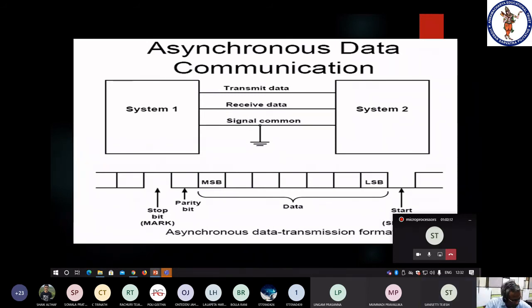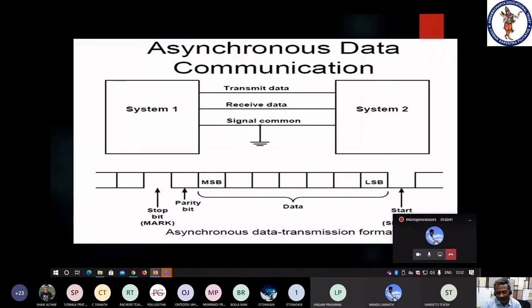Sometimes bit rate and baud rate are both the same, that is in a binary system. Do you have any idea about quadrature phase shift keying? Quadrature pulse code modulation?